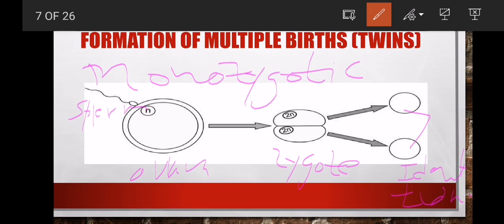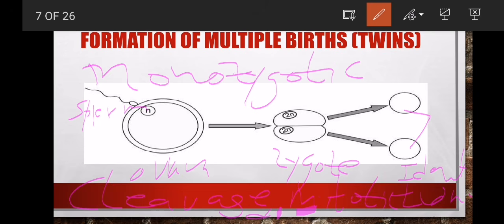Remember, we said this zygote has to divide. When they divide, they will form the two identical twins. Which type of division do they divide? We will give it a name and say it's cleavage mitotic division.